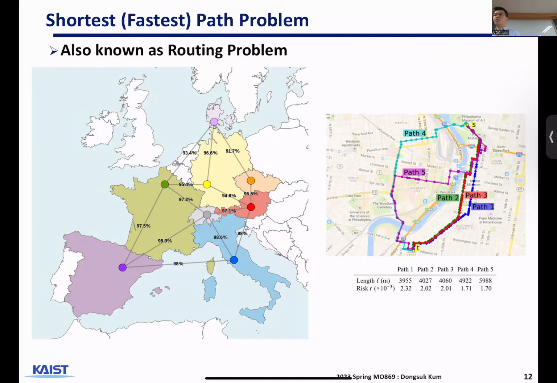This could be the origin, and this could be the destination, or in the case of, I think this is New York City, again origin and destination. We have multiple choices when it comes to route planning, so we want to plan routes that minimize time and distance.